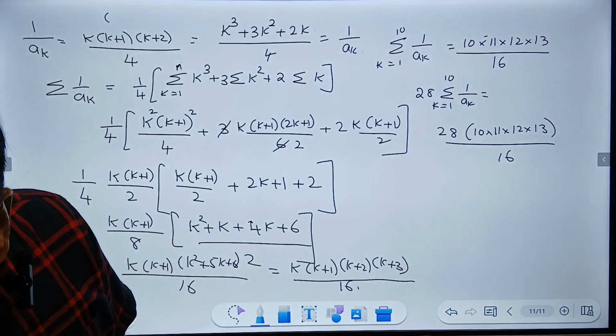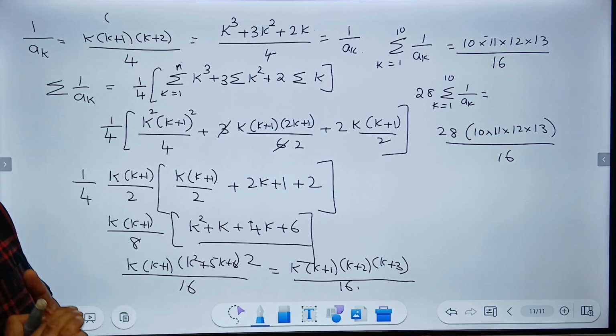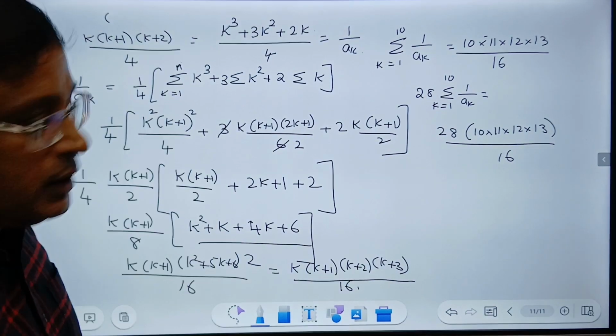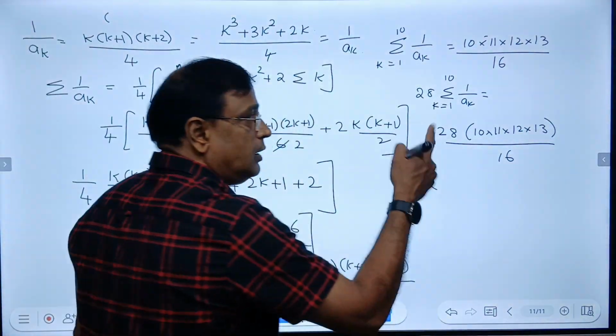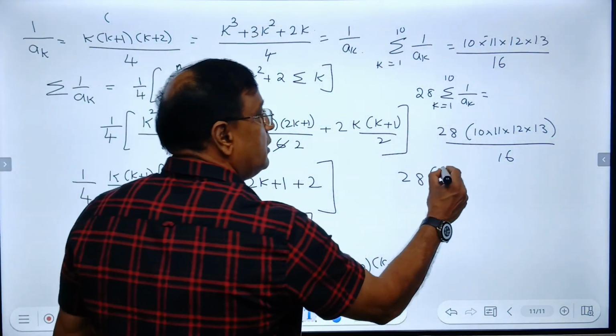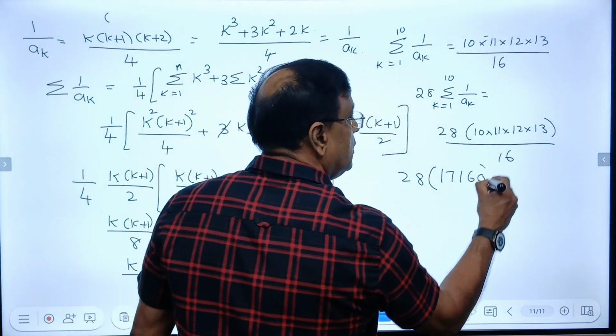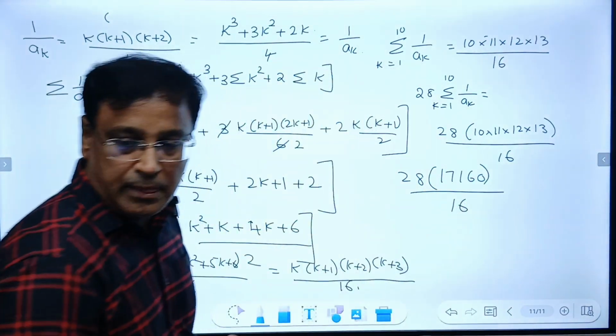Correct? So what will I get now? This is nothing but 28 into 17160 divided by 16.